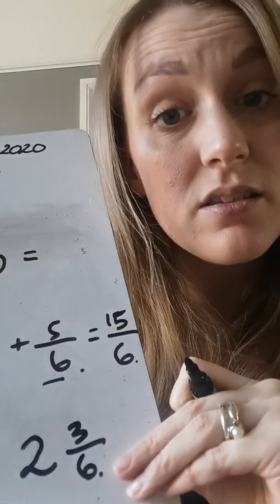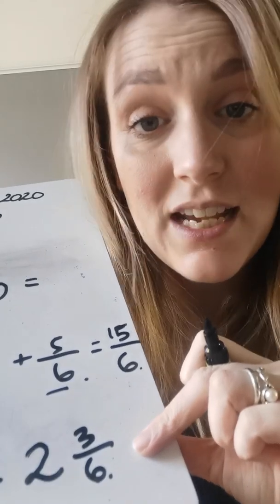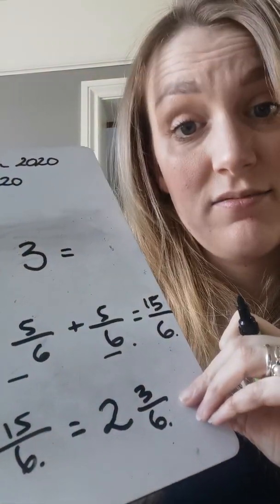So I know I've got at least 2 whole ones. And then because I've got 15, I've got 3 sixths left. So my answer would be 2 and 3 sixths, or 2.5. At that level, you don't have to convert it. Your answer would be absolutely fine if you want to leave it as 15 sixths.